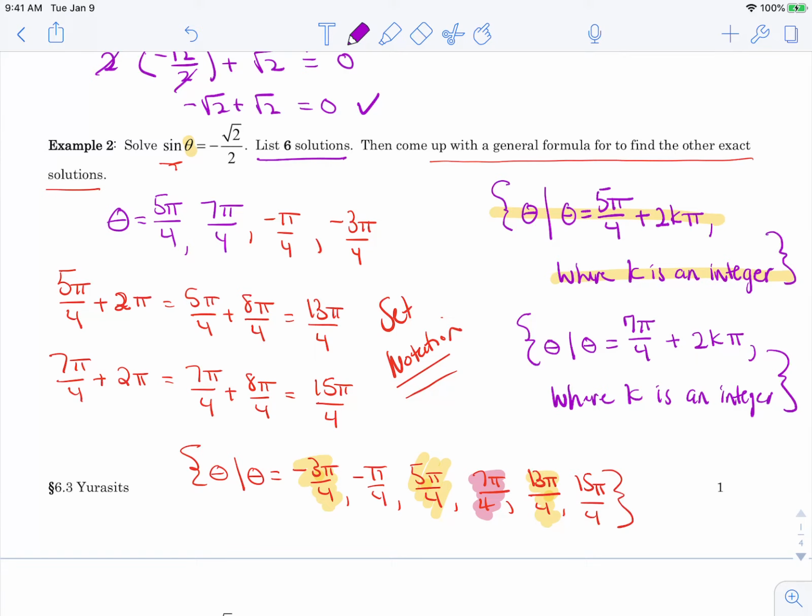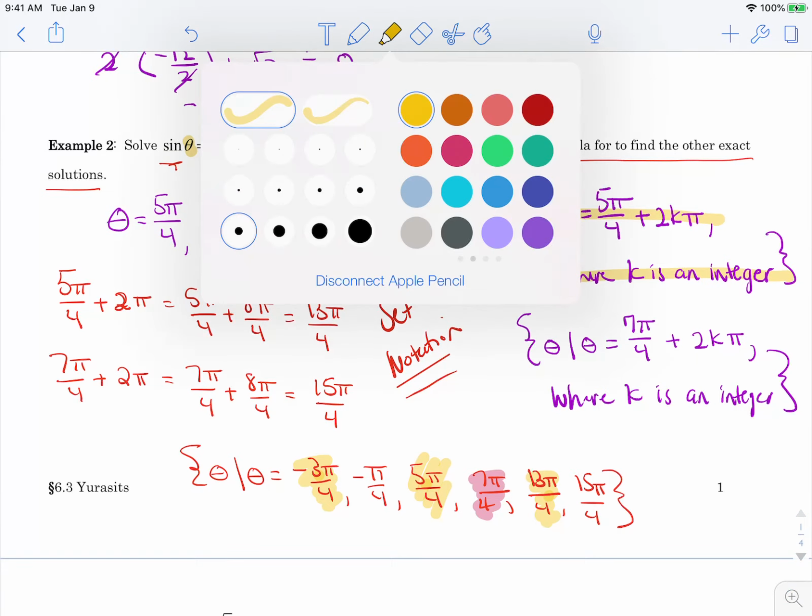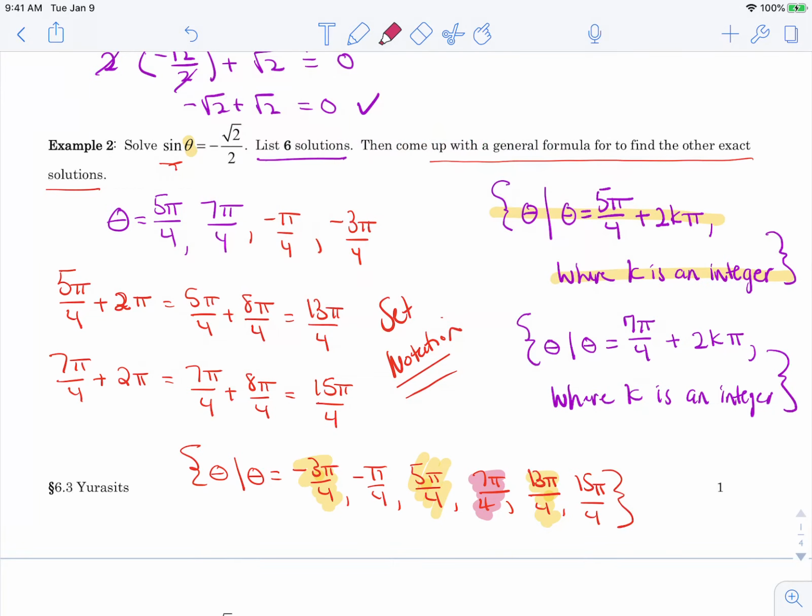And that will, I don't remember which color I had, give me all of these pink highlighted solutions because k can be negative. And remember, an integer is like -1, 0, 1, 3, 5, right?